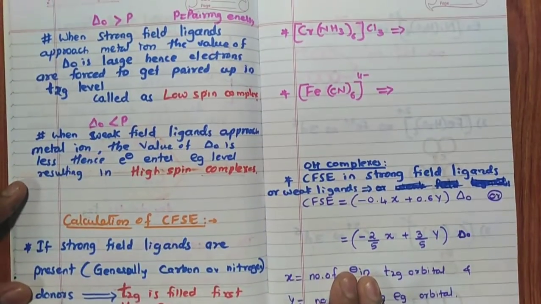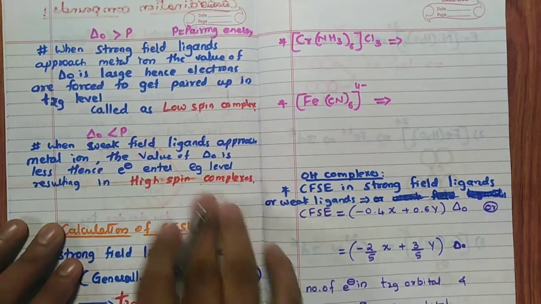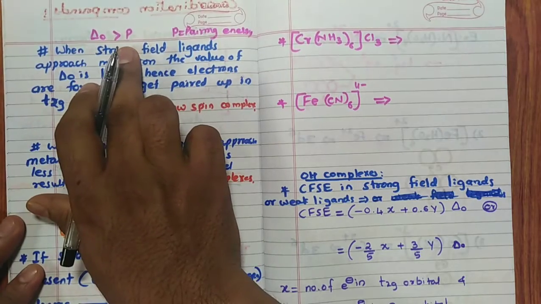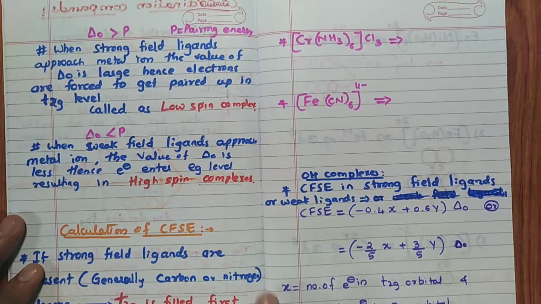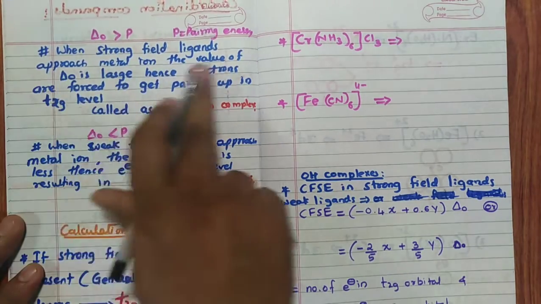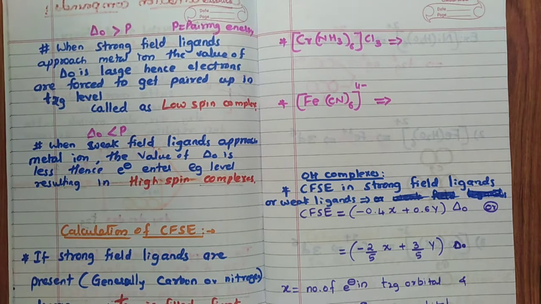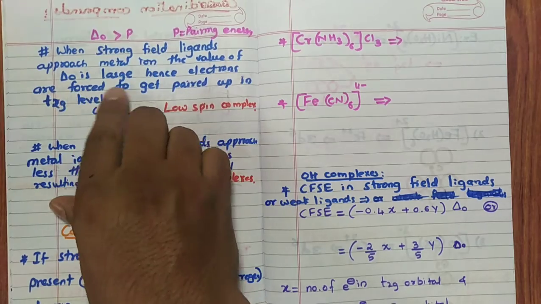Now we will see how these orbitals are filled. When delta naught is more than P, where P is the pairing energy, remember, strong field ligands are present. When a strong ligand approaches the metal ion, the value of delta naught is large.